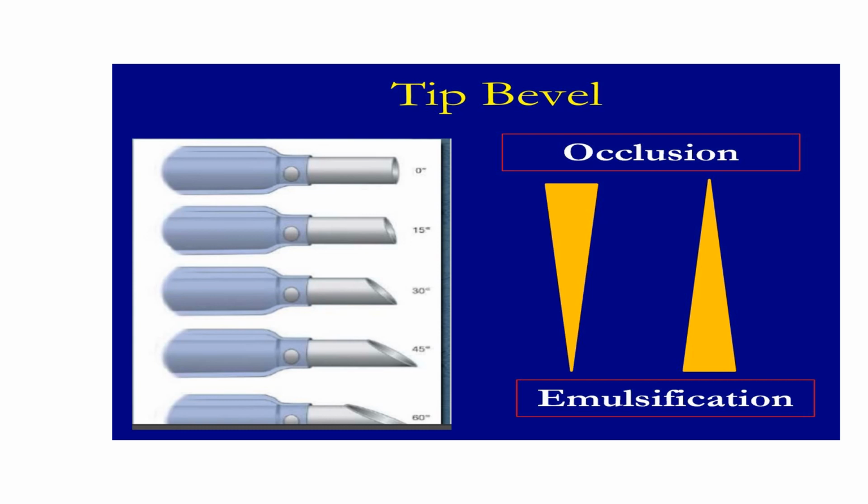The more the degree of the bevel, 30 degrees, 45 degrees, the greater is the size or the area diameter of that bevel. A 45-degree bevel tip will have a greater opening or surface area of opening than the 30-degree.